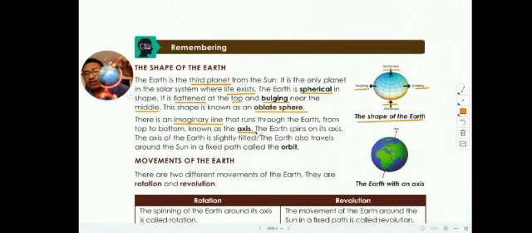The earth also travels around the sun in a fixed path. If you see here, this is earth.